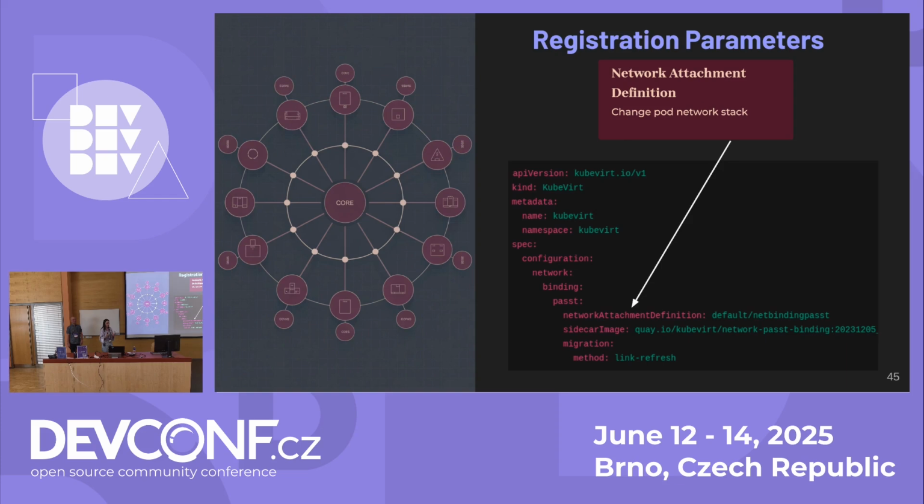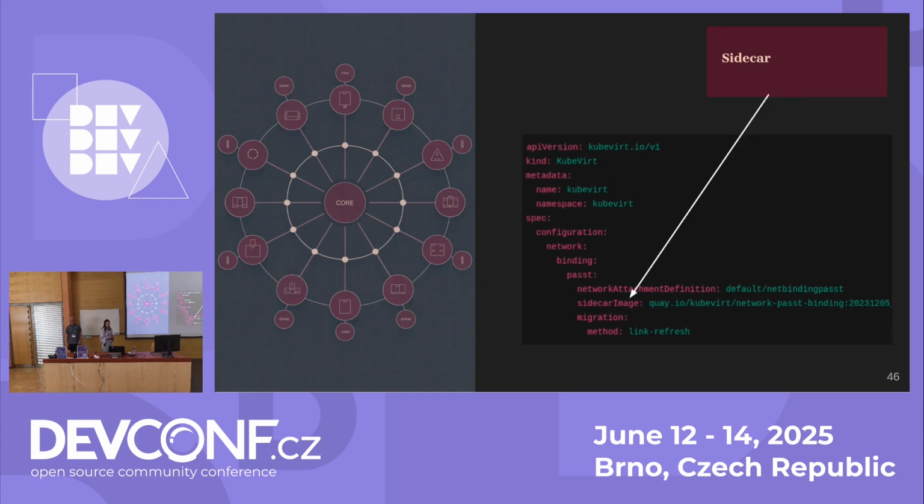The network attachment definition is the standard CR that is used by Multus to configure the CNI. So here we pass the network attachment definition. We assume that the developer of the plugin took care of the whole life cycle of deploying it to the cluster and having the executable of the CNIs on the nodes.